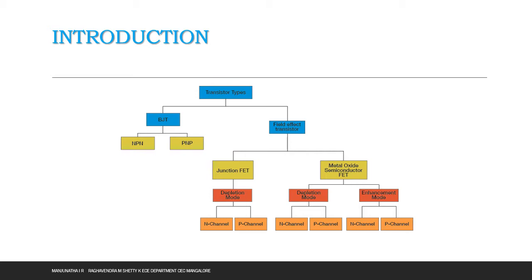Suppose we have selected a metal oxide semiconductor FET device of category N channel, so that is N channel working under enhancement mode. If the device is P channel category, then that is P channel working under enhancement mode.